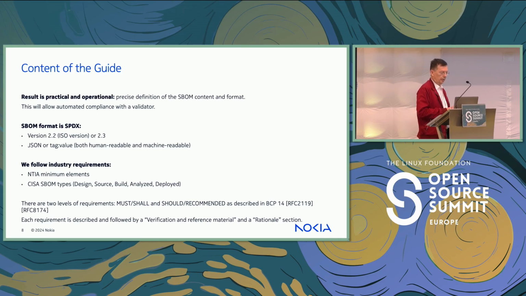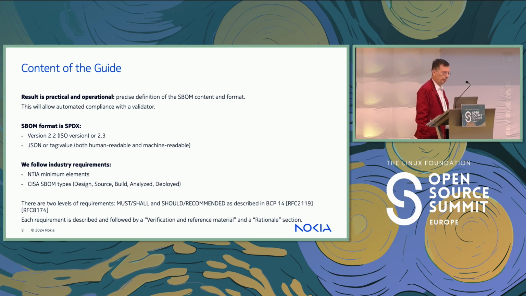And we allow SPDX version 2.2, which is the ISO version of SPDX, but we also allow version SPDX 2.3, which is a revision that is not published by ISO. The next version of SPDX is SPDX 3.